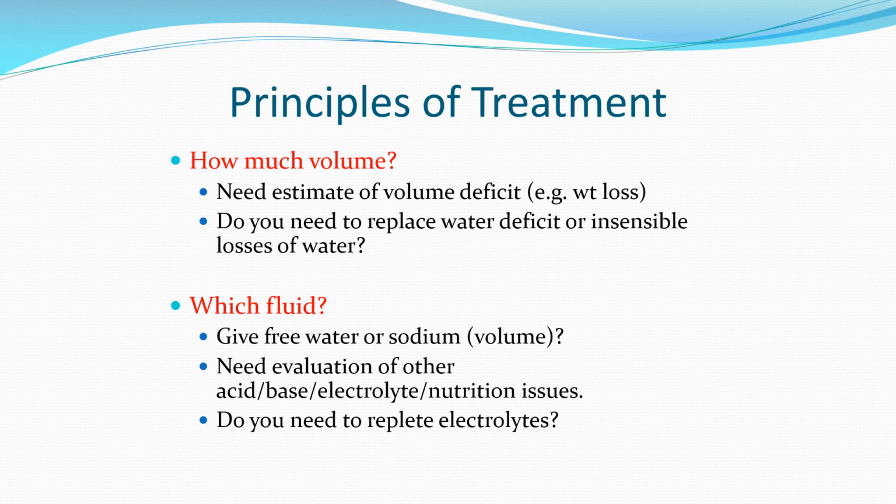So in terms of principles of treatment, you want to know, first of all, how much volume to give or to diurese, and so you would want to estimate the volume deficit, which is helpful if you know their previous weight prior to the insult, or you can go by vital signs and give them saline or volume until their blood pressure and pulse are stable and improved, or they're no longer orthostatic.